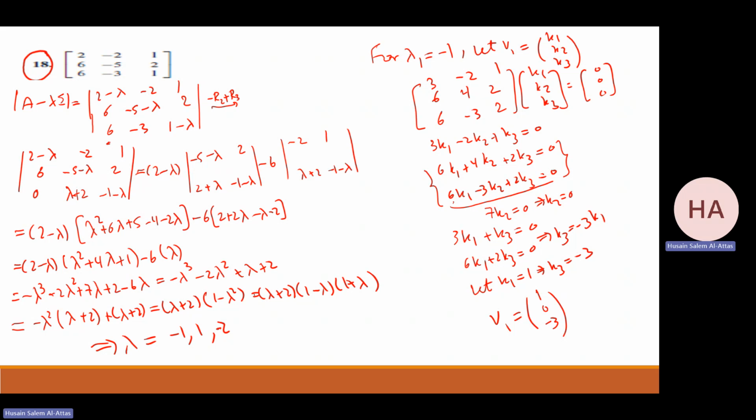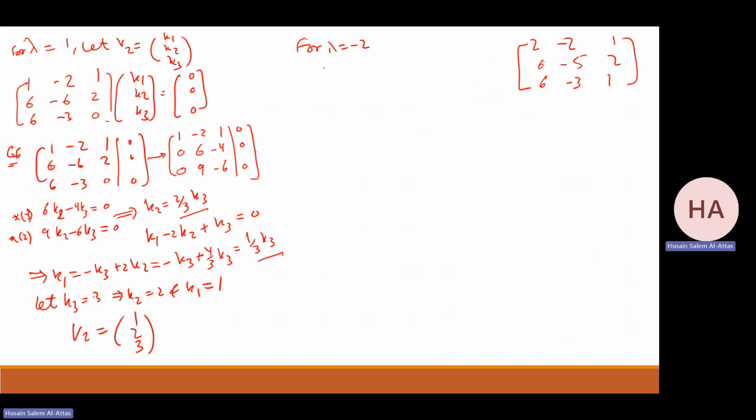I should start with this one. Okay, what I have, I let v3, k1, k2, k3. By the way, the suggested problems already will not solve it.